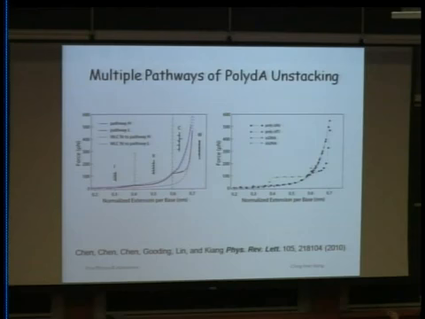So this area was never probed. People know PolydA you could unstack to a different thing, but it was never obvious whether it would go to another stacked structure, or go directly to a random coil, let alone that there's another stacked structure.